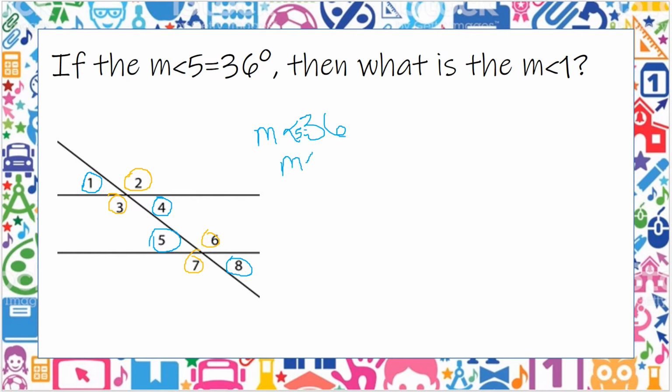So the measure of angle 1, which is a corresponding angle, is also 36 degrees. The way you would find the orange circled numbers is, remember, they are supplementary. If I was looking for angle 6, I would say 180 minus angle 5, which is 36, and I would get 144. So the orange ones, 2, 3, 6, and 7, are 144 degrees.